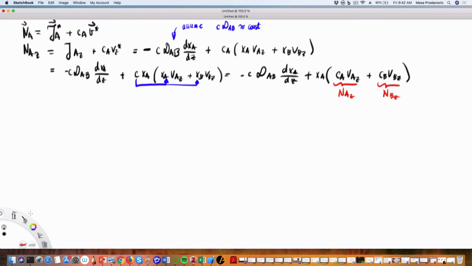Then based on that reaction, I will have to figure out what is NBZ in terms of NAZ that is coming to the surface, for instance. So in the cases of reactions, we actually can't assume that this is 0. But I have to figure out what it is in terms of NAZ so I can actually go solve, because things are coupled together and I need to solve for them. So luckily we're going to assume this is 0 for this problem.